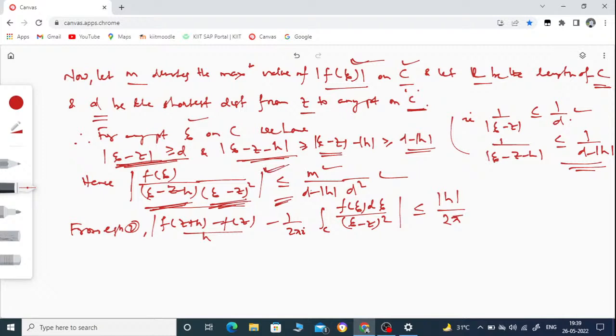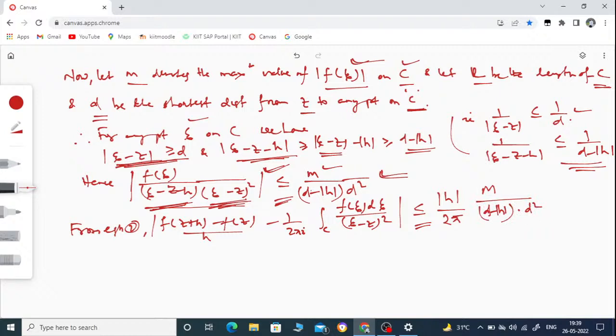Then I will replace this one by its right hand side, because I am giving the less than or equal to symbol here. Okay, so I will write this is mod m divided by d minus mod h into d square.